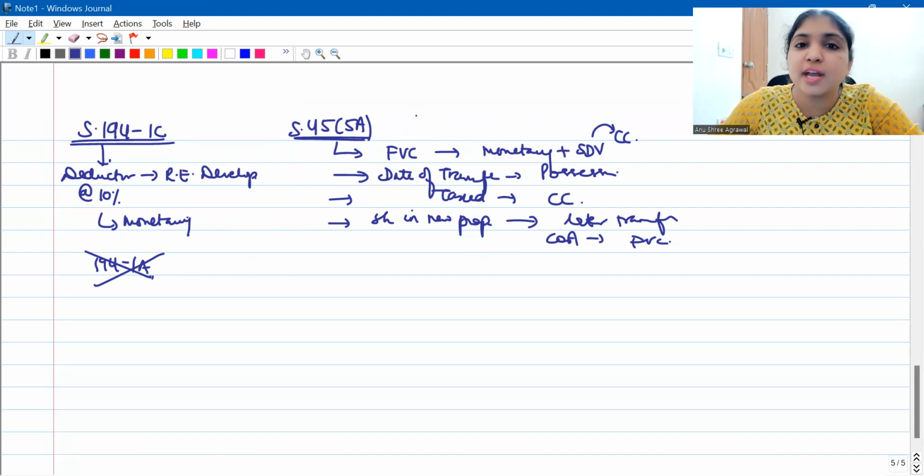That would be this SDV number, right? So for the two flats, when you transfer later, the cost of acquisition will be what this component was in the full value consideration earlier. So full value consideration earlier will become cost of acquisition later.